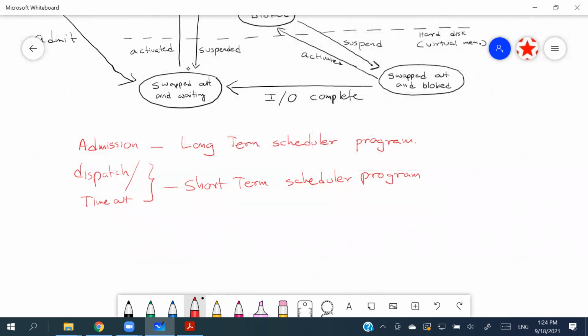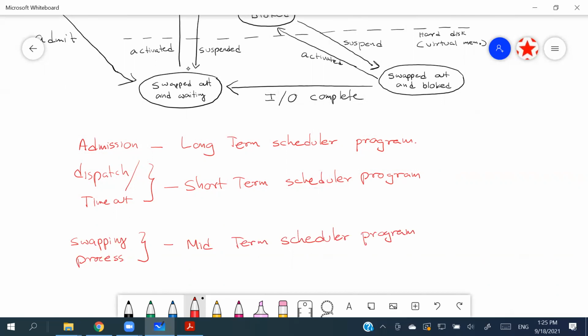Right? And the swapping process is done by someone called the mid-term scheduler. Right? So it is easy to remember.